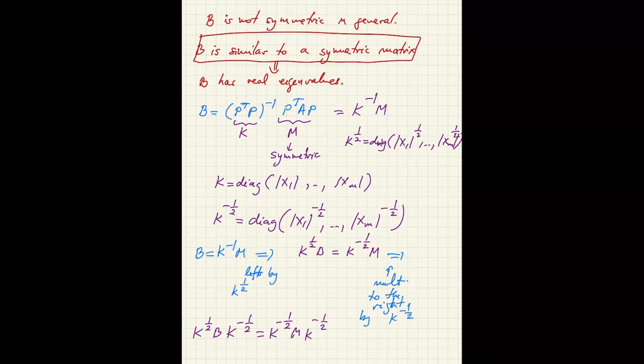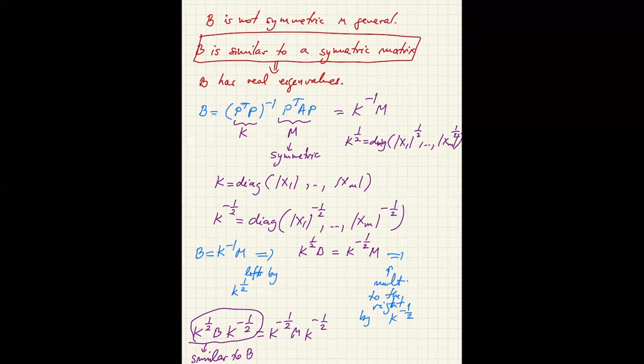Now I leave it to you: the matrix on the left-hand side is similar to B, because you have an invertible matrix in front and its inverse on the right.